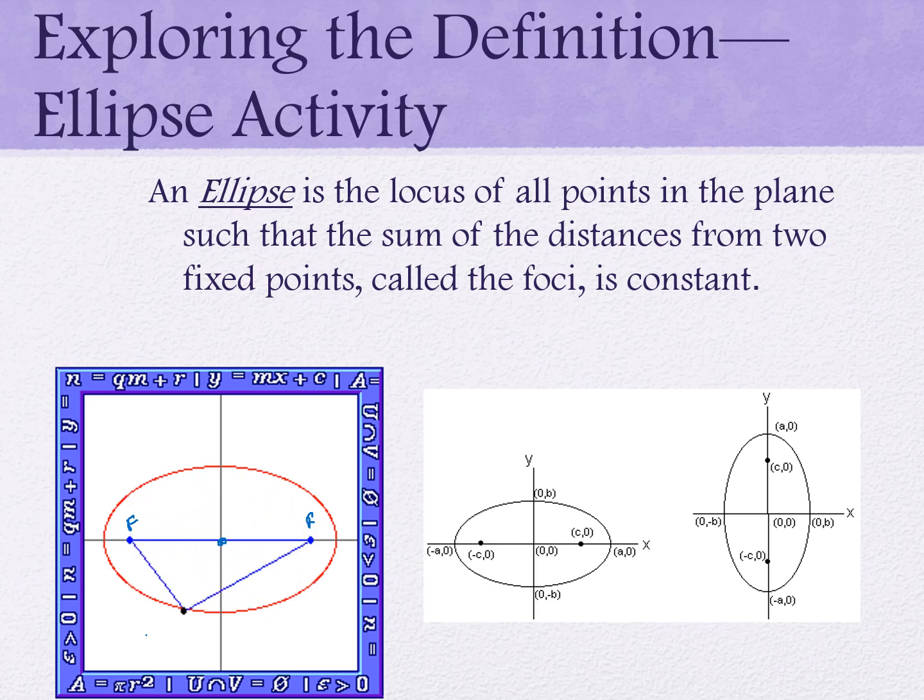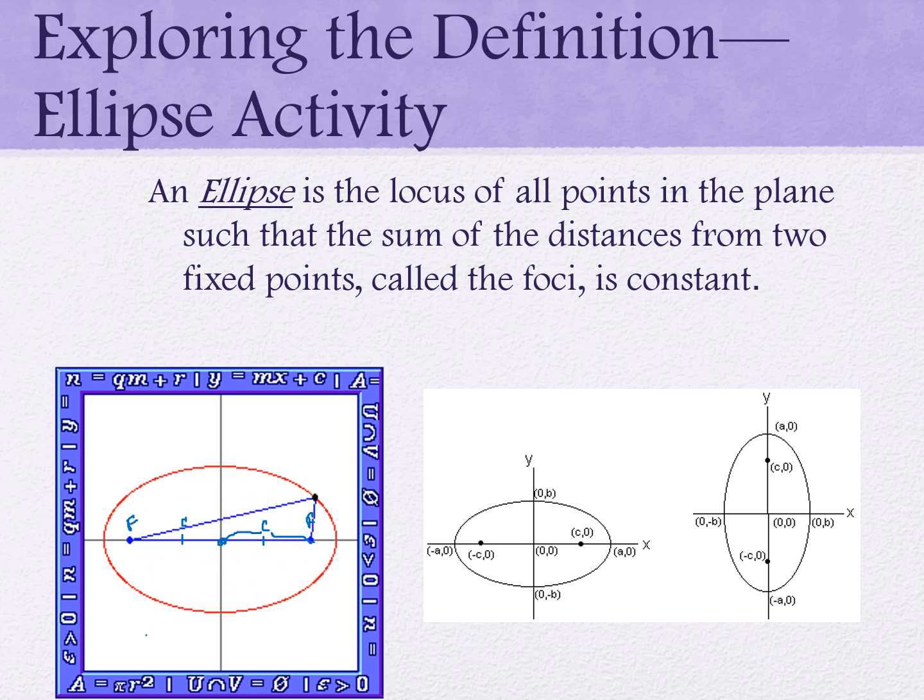Now, these distances from the center are equal, and in variable terms, we refer to that distance from the center to a focus as the C value. So there's the C value right there. That whole distance here from the center to a focus is C each way.